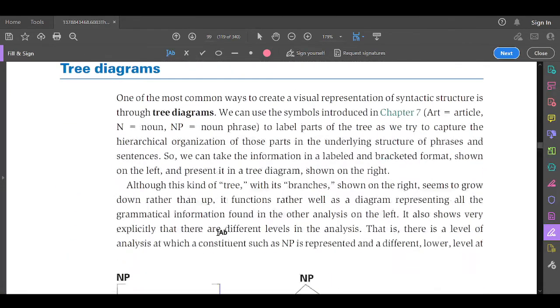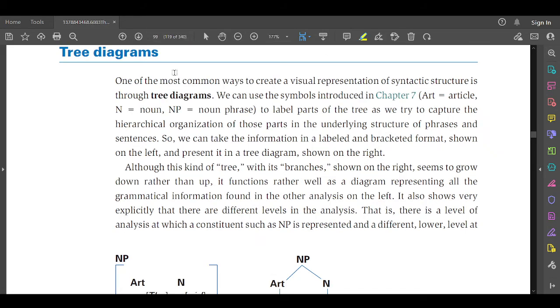As I said, there will be a different analysis, and this is the focus of our chapter and our study: we are going to analyze through the use of tree diagrams. We use tree diagrams because they are more convenient and hopefully clearer for you.